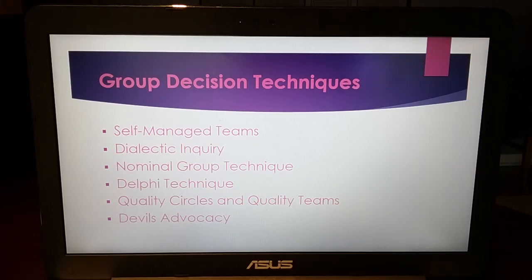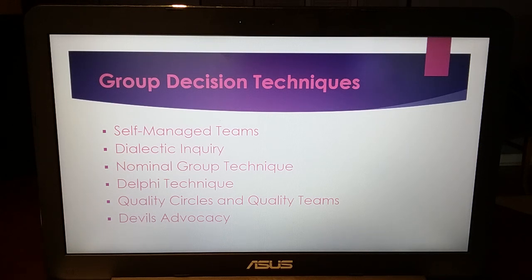There's also quality circles and quality teams. The idea about those is not too dissimilar to self-managed teams. Quality circles are small groups of people that work voluntarily on company time, usually about an hour a week, to address work-related problems, quality control, cost reduction, production planning, that kind of thing, even product design.